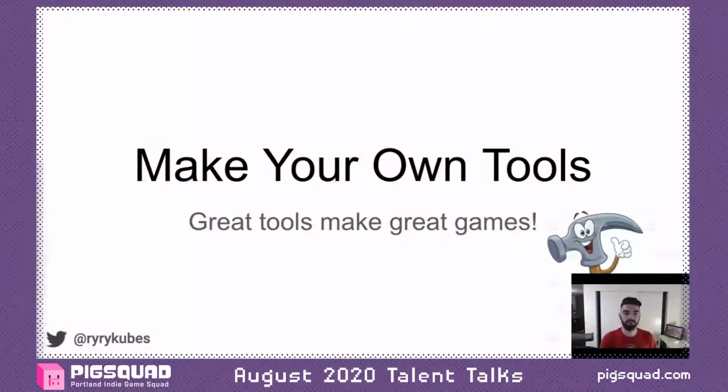This is a talk about making your own tools when you're making video games. It's not always intuitive, at least it wasn't for me when I was first starting out, that sometimes some of your best spent coding hours aren't actually best spent writing code that's actually shipping in your game.